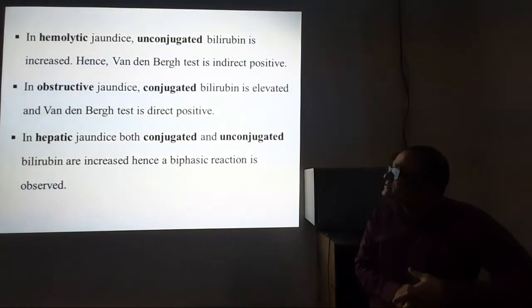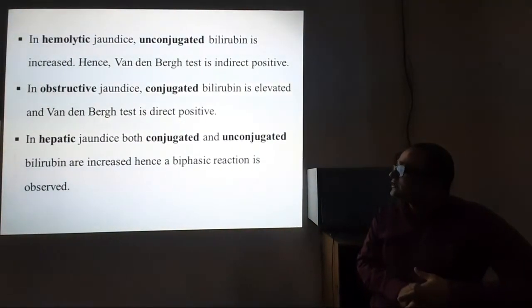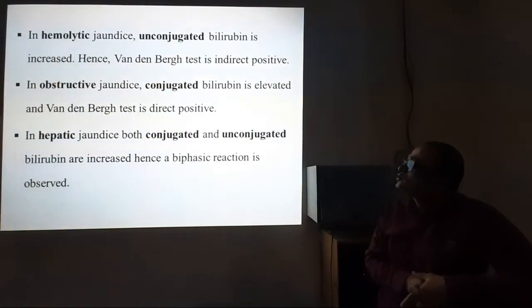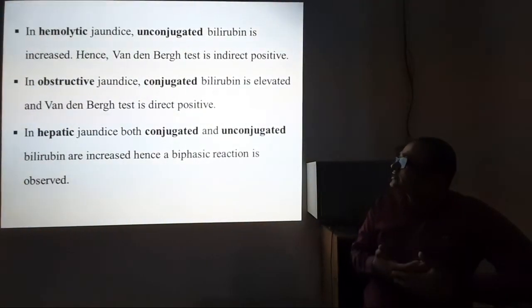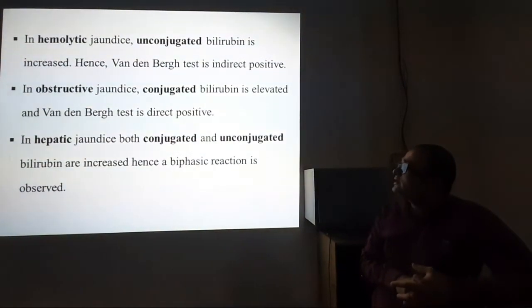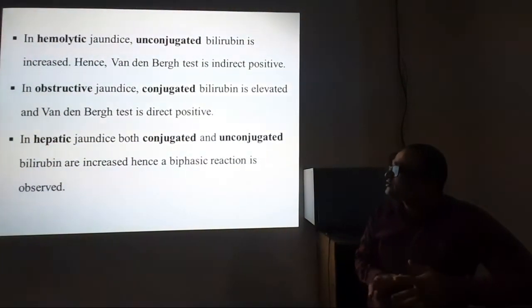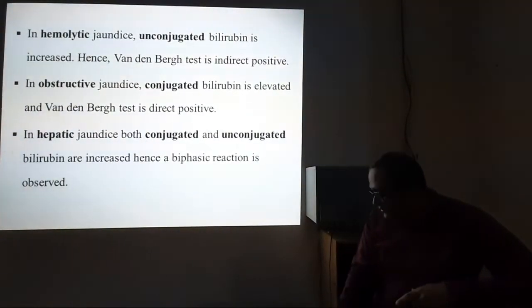So there are three kinds: hemolytic, obstructive, and hepatic. In hemolytic jaundice you get unconjugated bilirubin. Conjugation occurs in the liver, so in obstructive jaundice you see a rise in conjugated bilirubin. And in hepatic jaundice, both fractions are increased.